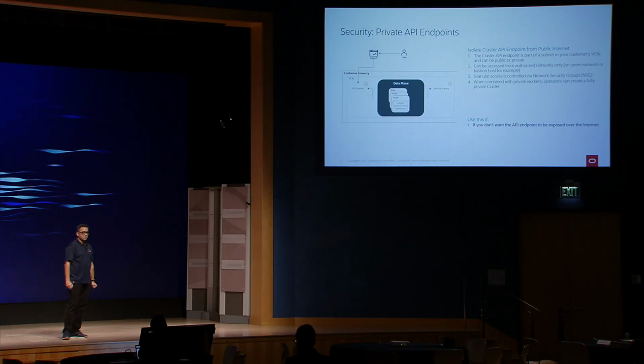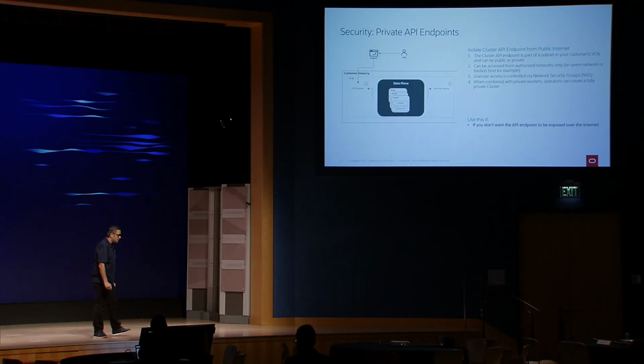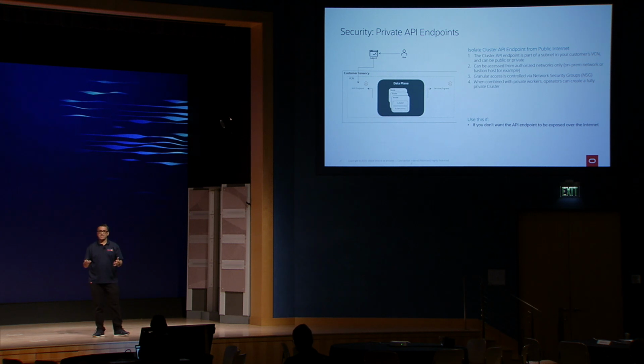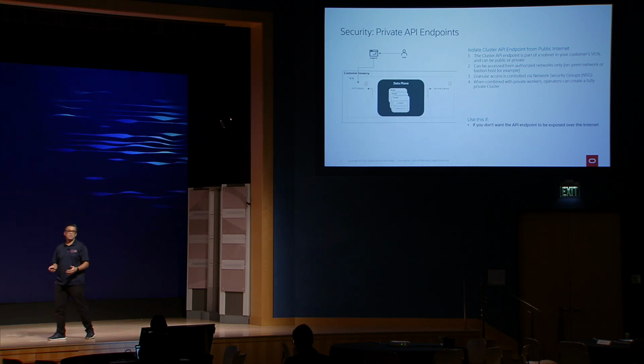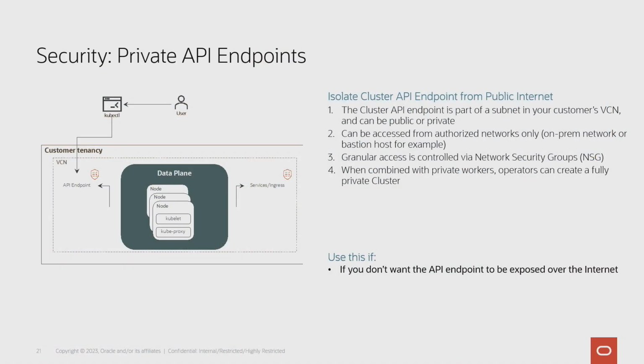And then we also support something called the private API endpoint. So let's say you are planning to use a private OKE cluster and you're worried about still having a public IP address for your API endpoint. You could go for the private API endpoint, which would allow you to have an endpoint sitting inside your VCN.